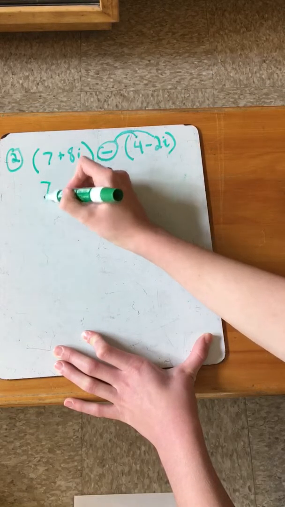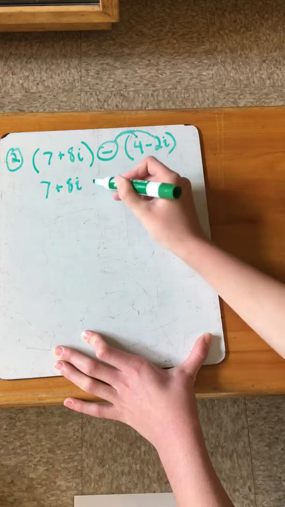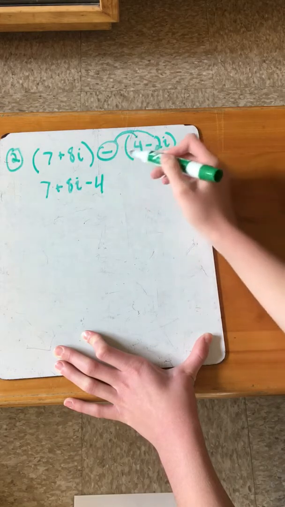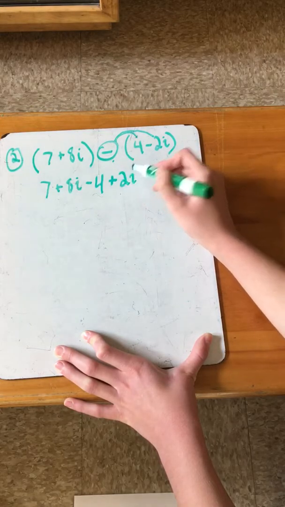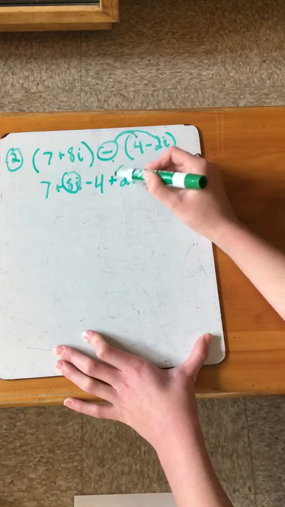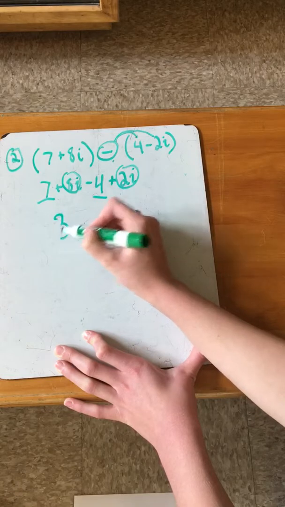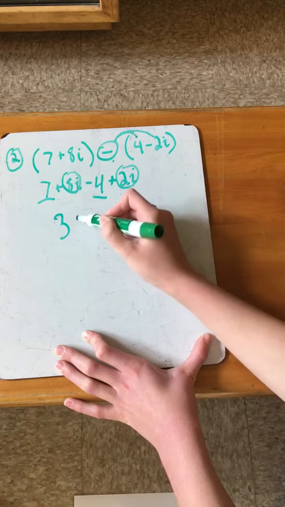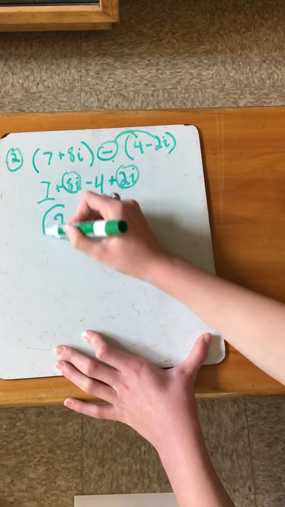So our first binomial is going to stay the same, and then it's simply going to be a -4. However, a negative and a negative creates a positive 2i. After this, it's pretty simple, and you simply combine like terms once again. So 7 minus 4 is 3, and 8i plus 2i is 10i. And this is your final answer.